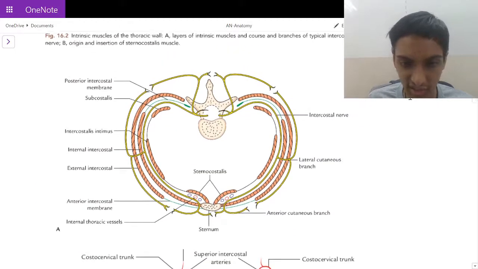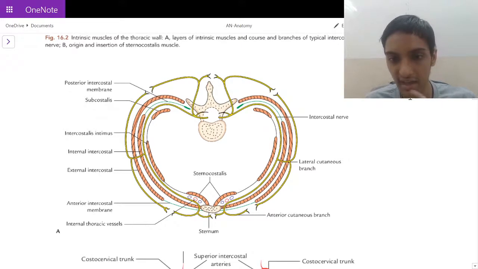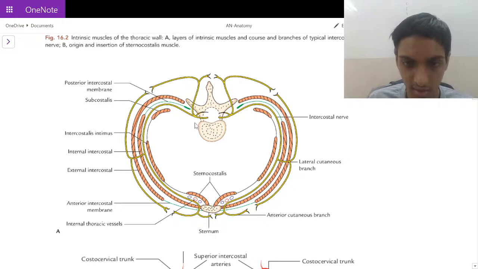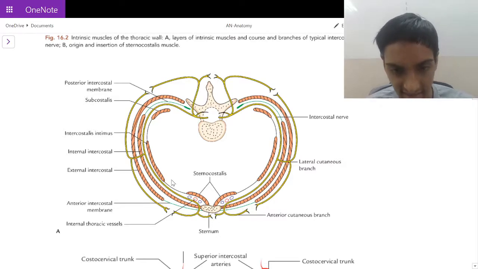Next, intercostal nerve. This is a typical intercostal nerve. Here we have the anterior and posterior intercostal nerve, and this is external and this is internal intercostal muscle. Here we are seeing the subcostalis and the intercostalis intimi.